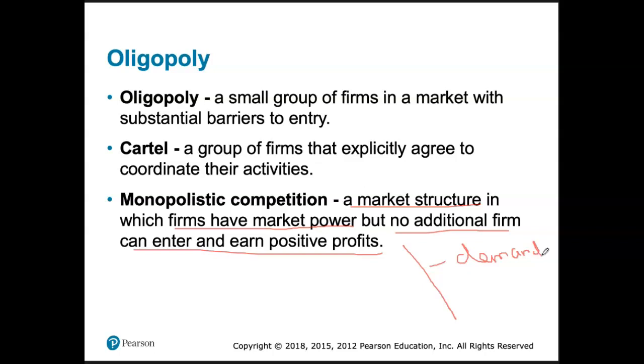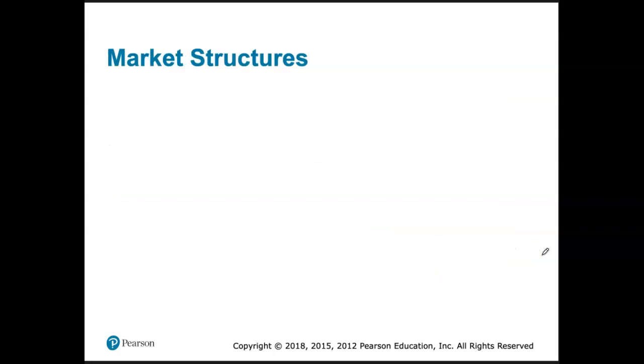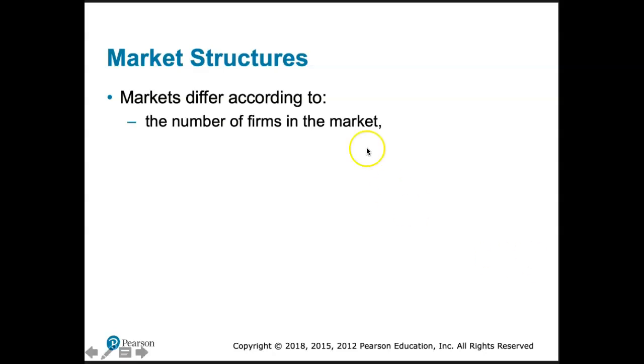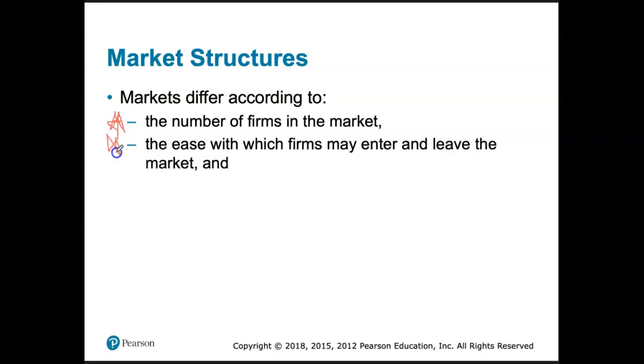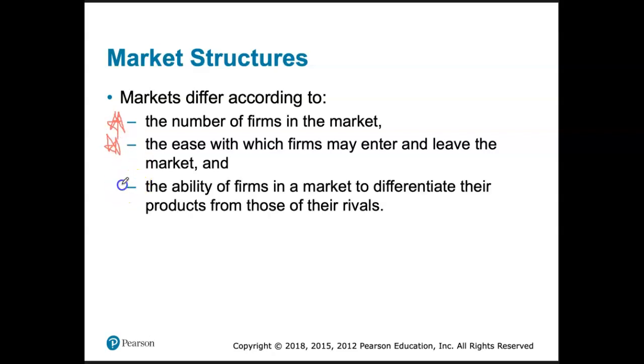So those are a few definitions we need to know. And what actually defines market structures? Market structures differ according to the number of firms in the market, the ease with which firms may enter and leave the market, and also the ability of firms in the market to differentiate their products from those of their rivals.